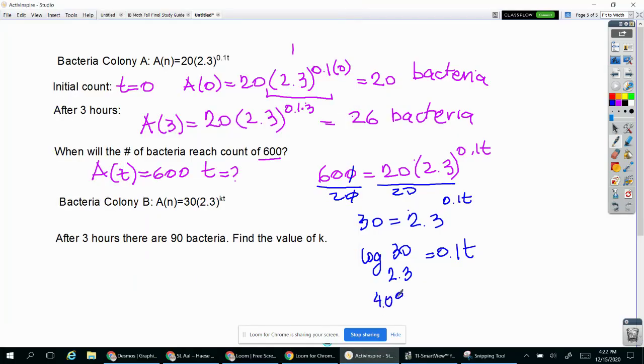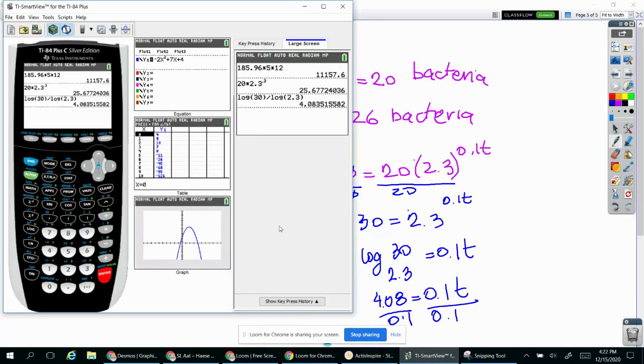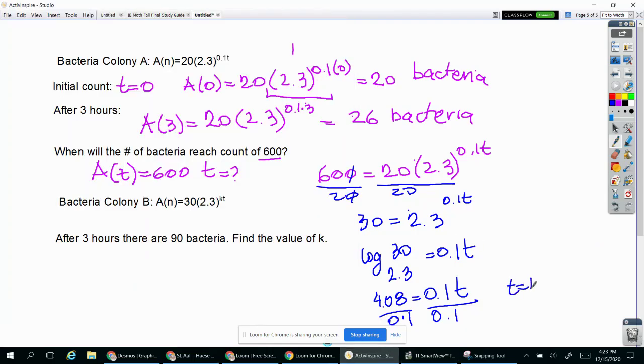Now I'm going to show you what to do because you're trying to get as accurate an answer as possible. So you're going to divide both sides by 0.1 because we're trying to solve for t. So use what you have in your calculator and now divide that by 0.1. And we have that t is 40.8.